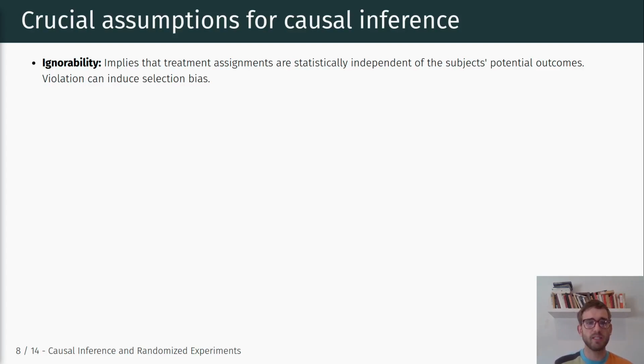Ignorability implies that the treatment assignments are statistically independent of the subject's potential outcomes. Okay. Ultimately, that is guaranteed by random assignment, right? That's the problem that we discussed previously. To balance the treatment group and the control group, we achieve ignorability.